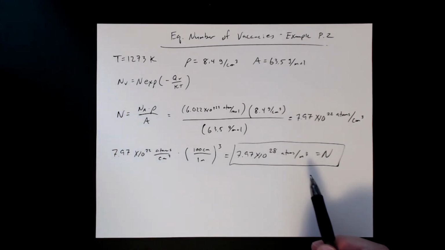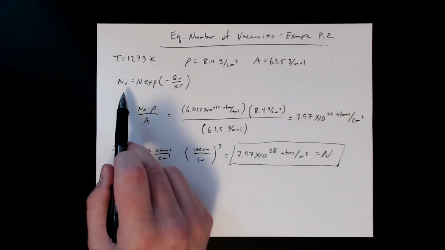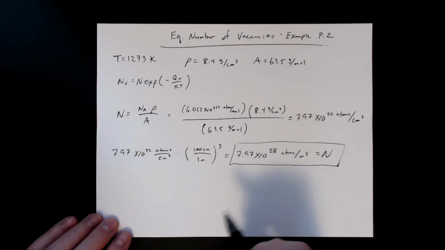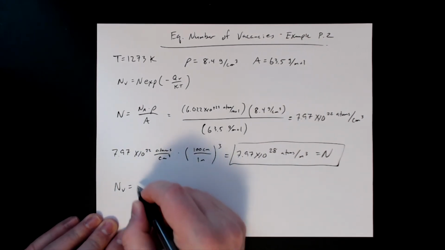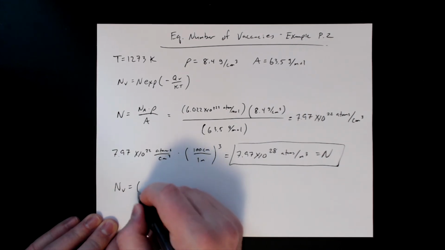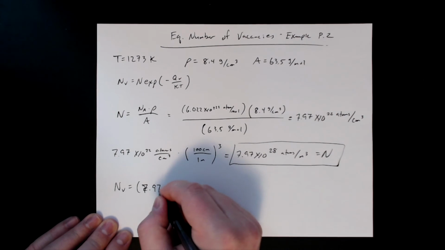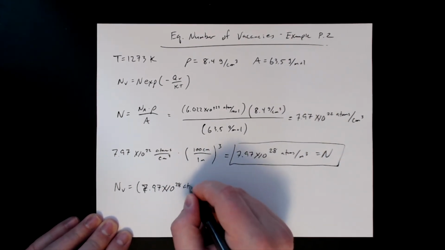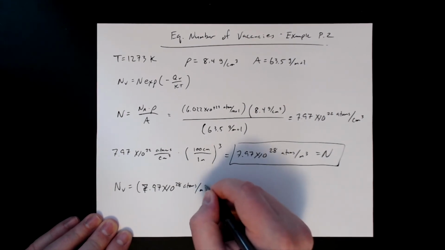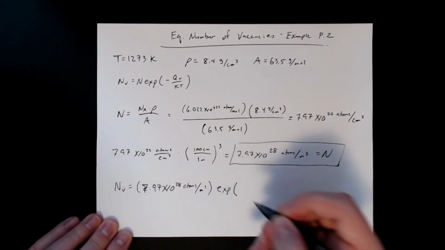So now that we've got n, let's go back to that expression that we have up here, and we've already calculated everything that we need. We know that n is this number that we just calculated, 7.97 times 10 to the 28 atoms per meter cubed, and then times the exponential, which we've actually already calculated.